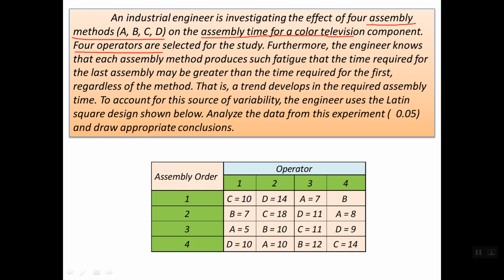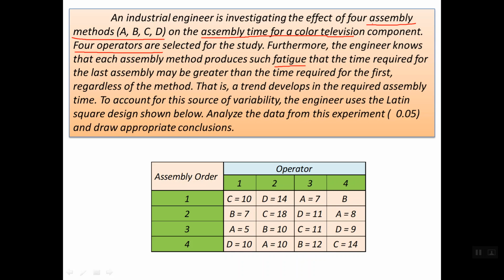Furthermore, the engineer knows that each assembly method produces such fatigue that the time required for the last assembly may be greater than the time required for the first. So this is the other factor we need to control by the Latin square.